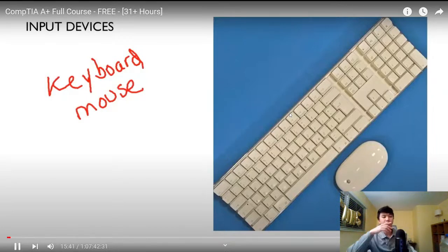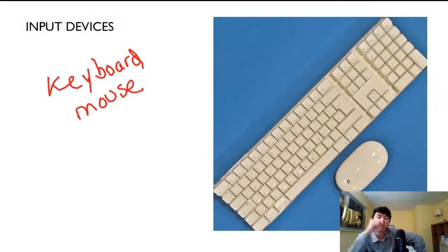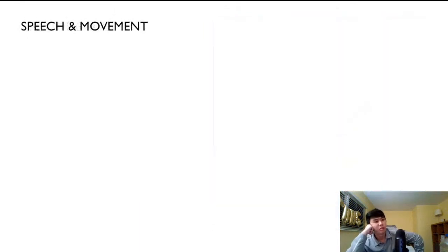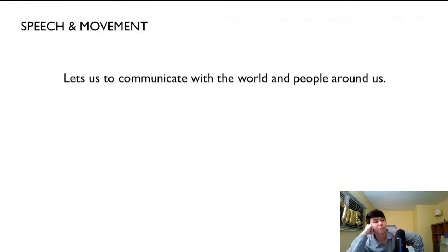And this is very different from speech and movement, right? These are the outputs. This is what lets us communicate to the world and people around us. I can use my mouth to taste something, but I can also use my mouth to speak, to use language, to reach out. I can use a gesture to explain something.